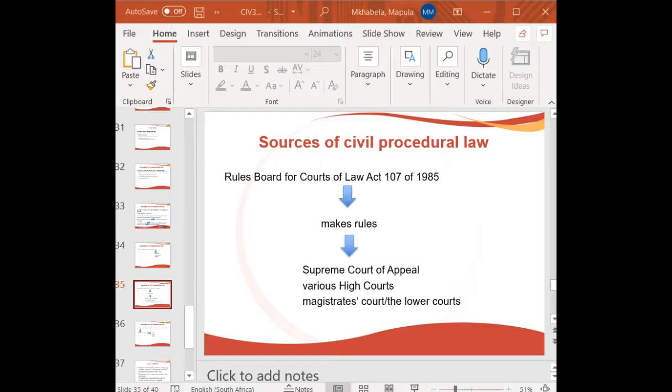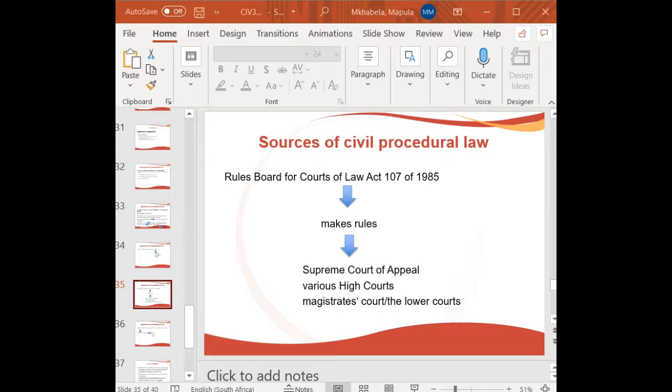The uniform rules of court were promulgated to regulate the conduct of proceedings in all provincial and local divisions of the then Supreme Court. Proceedings were conducted uniformly in all divisions of the then Supreme Court, now the higher courts, under a common set of rules.